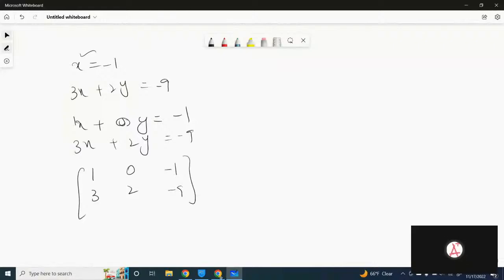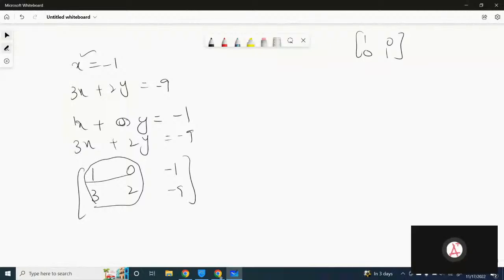Got it? Okay, so you have to convert these two rows into the form 1 0 and 0 1. Got it? So the first equation is exactly the same. You have to do the second one. Just apply some steps and write the second equation as 0 and 1. Got it?